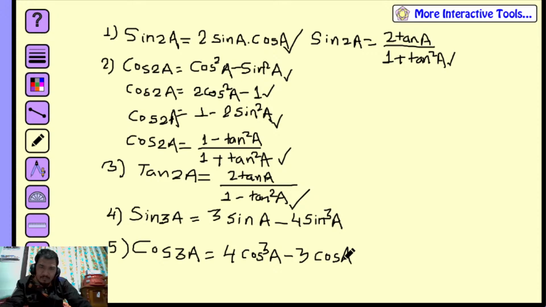These are the important formulas for the multiple angles. And from here we can also derive more formulas.